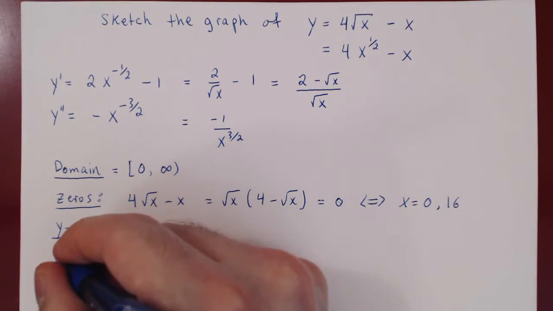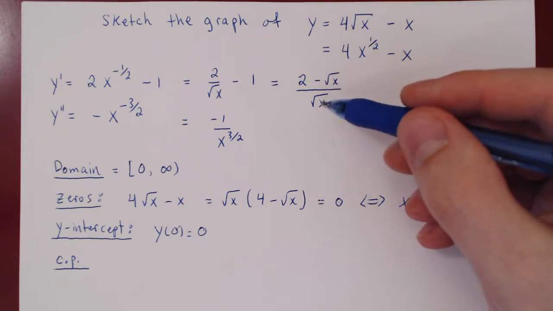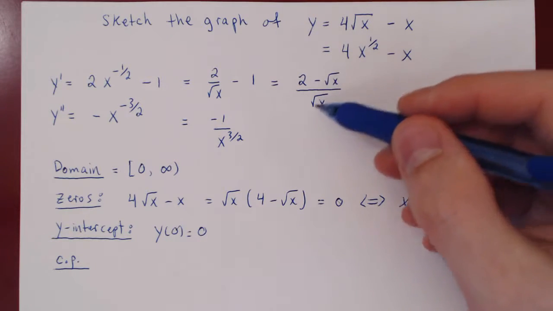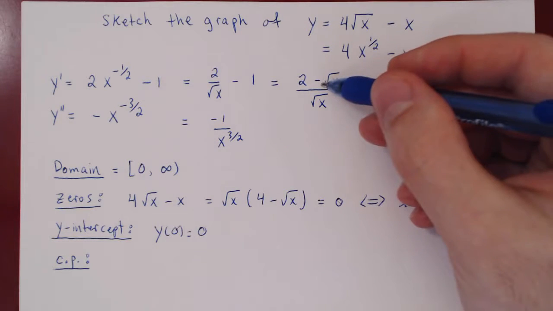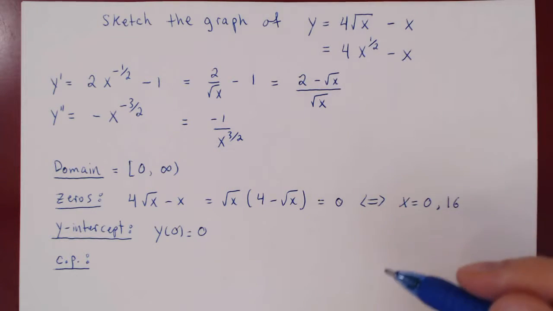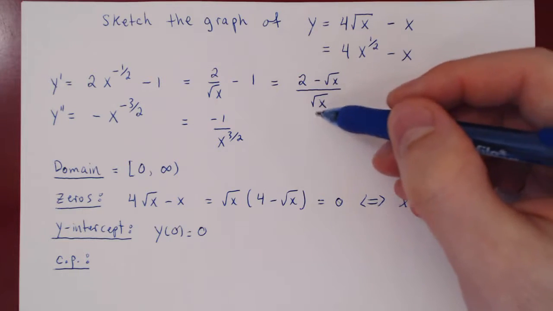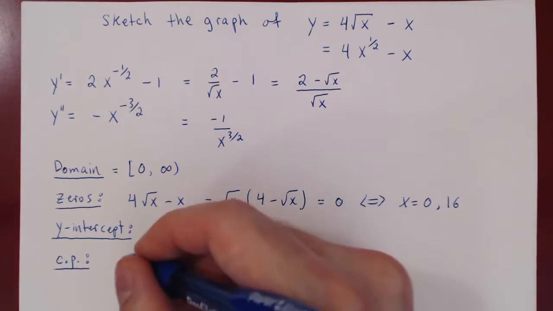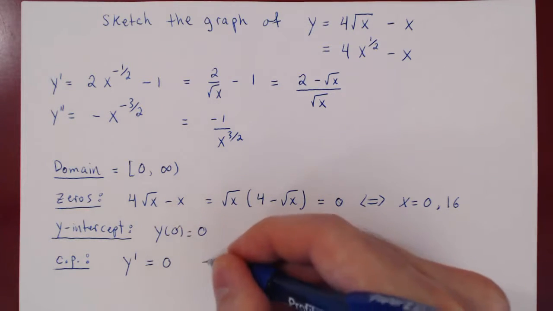Let us now look for our critical points. And here it is interesting because if you look at the derivative, you have 2 minus root of x over root of x. And critical points, remember, are points where the derivative is 0 or is undefined. And we'll find that here the derivative is undefined at x equals 0. So first, the critical points that satisfy the derivative is equal to 0.